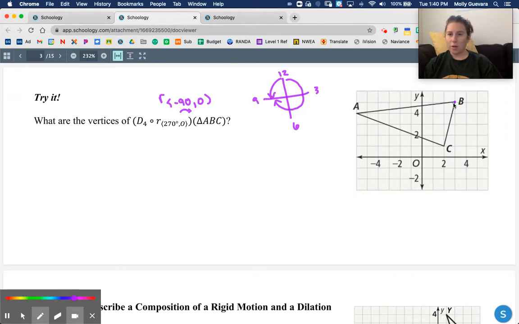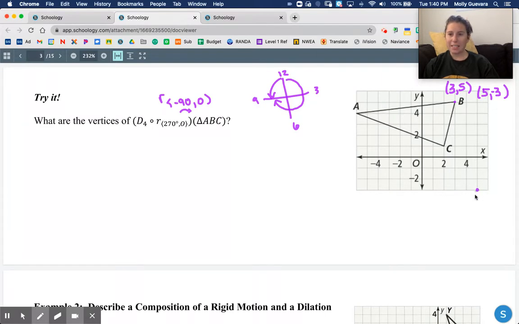Anyway, so if I want to rotate B, I don't know why I'm starting with B, but we are, it's at the point 3, 5. To rotate this clockwise 90, I switch the X and Y, so it becomes 5, 3. And because that puts it down here in quadrant 4, the 3 will be negative. So 5, negative 3, right?